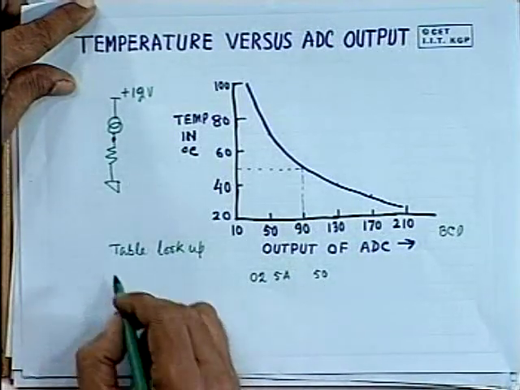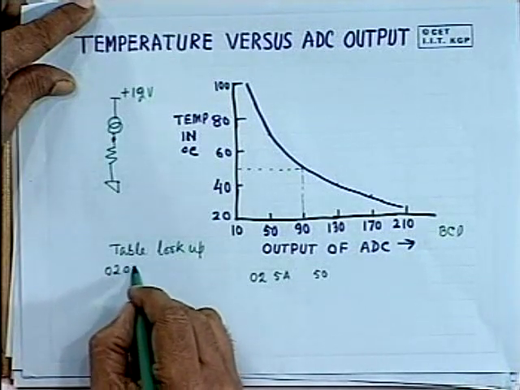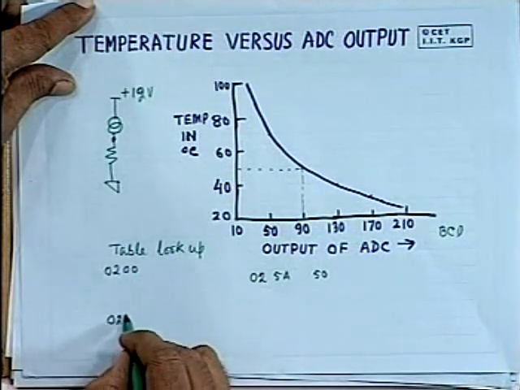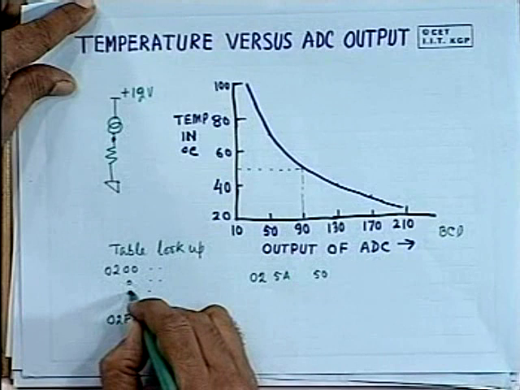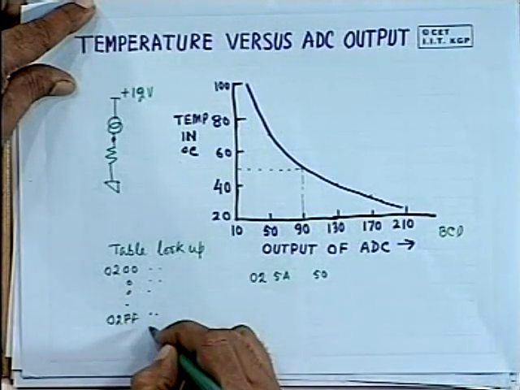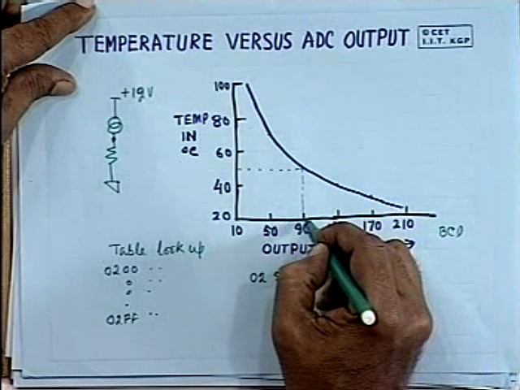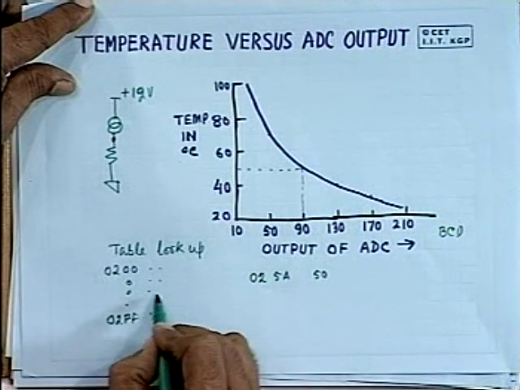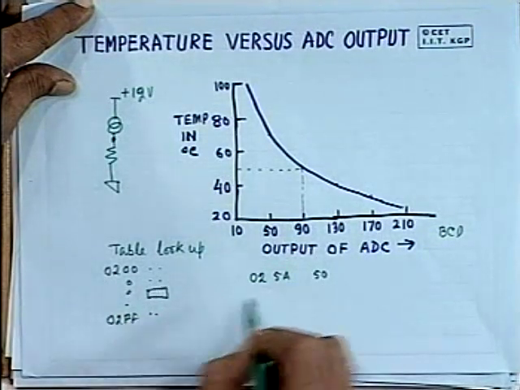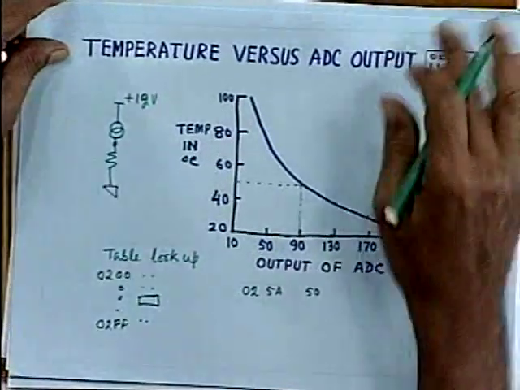That means we have stored a table starting from location 02 00 to 02 FF, and the temperatures in centigrade are stored here. Once you get the digital value, you append it with 02 to get the address where this temperature is stored. So this technique we use here. As a result, you don't have to search for the value of the temperature in the table. You can straight away get the temperature directly from this table.